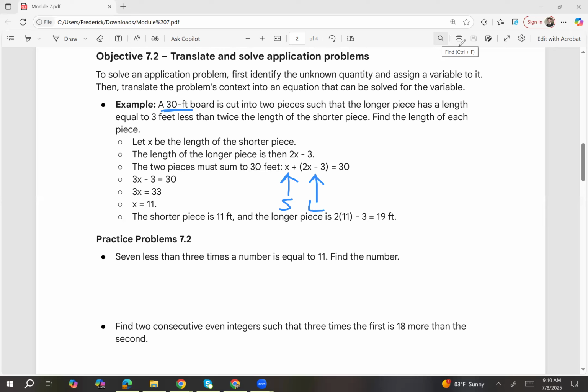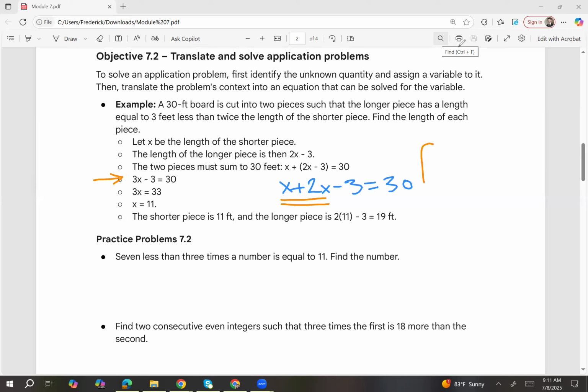So then what we would be looking at after that simplification is just x plus 2x minus 3 equals 30, and we can combine these two terms. And that's how we get to this place in the list of the example. X plus 2x is 3x minus 3 equals 30.